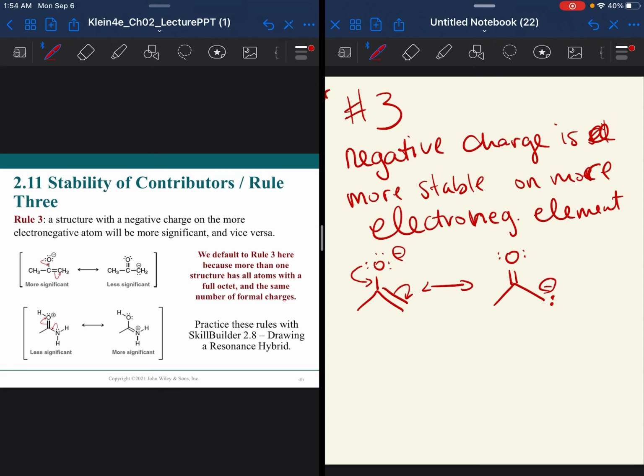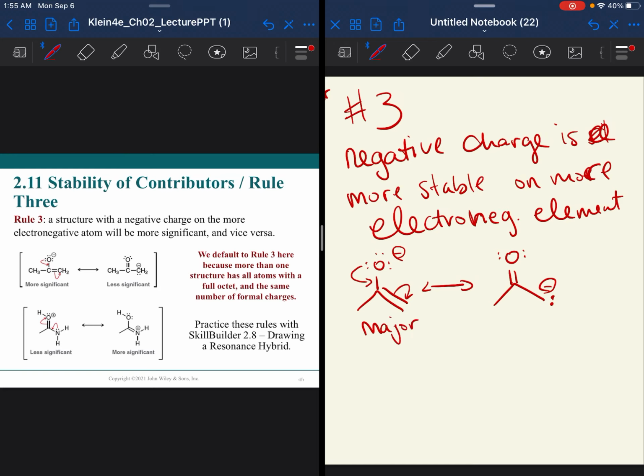So if we go through our rules, in both of these resonance structures, you have a full octet, right, on the oxygen and all the carbon. So that's not helpful. They both have 1 minus 1 formal charge. So rule 2 doesn't help us. So rule 3, the negative charge is on the more electronegative element, right? Oxygen can hold more electron density, or it wants to hold it more than carbon does.